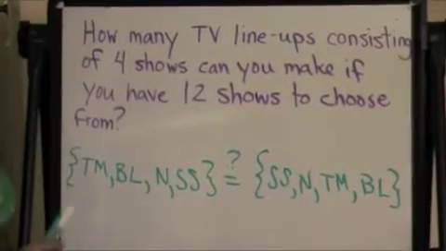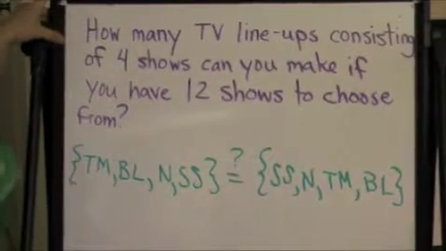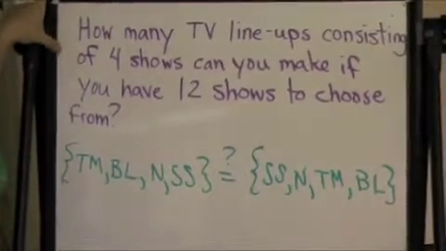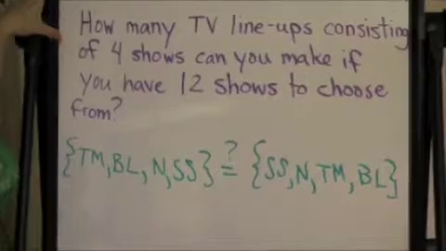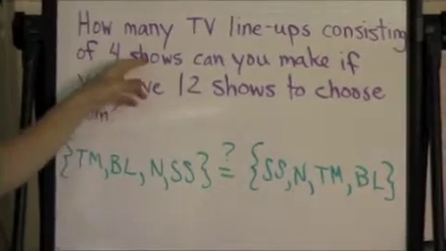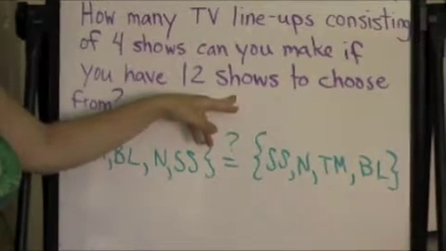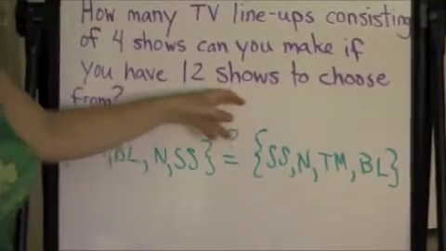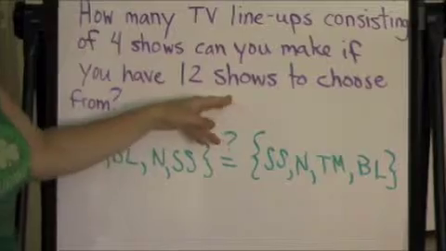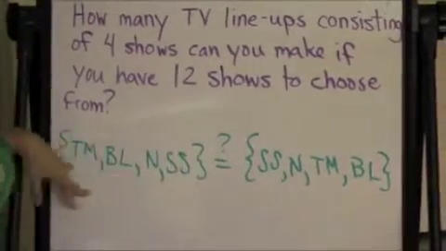Here's another example of a counting problem. How many TV lineups consisting of 4 shows can you make if you have 12 shows to choose from? Since we're picking shows out of shows, we can narrow the counting problem down to either a combination or a permutation. To decide between those two, take an example.